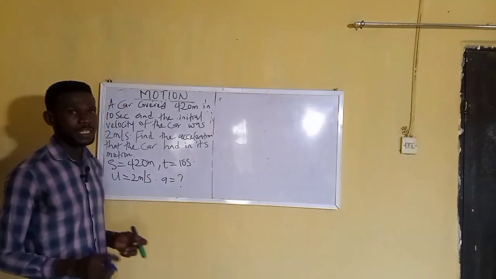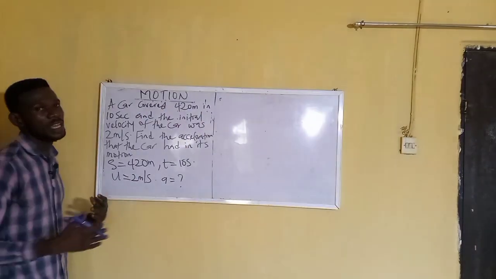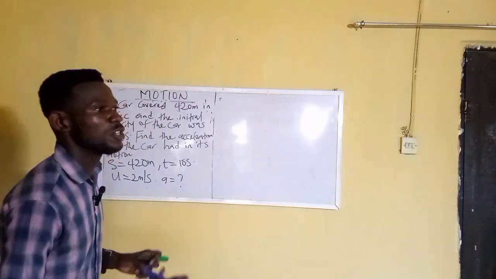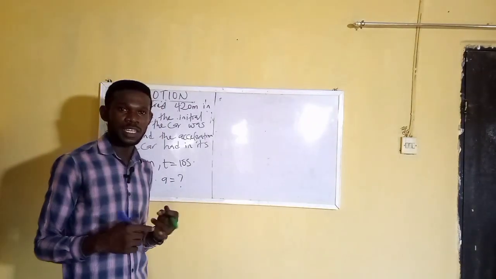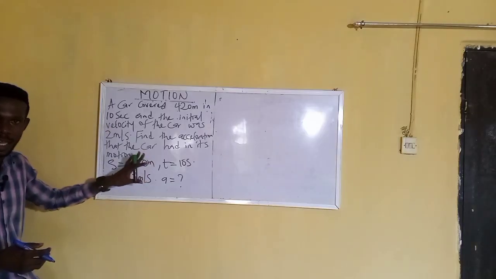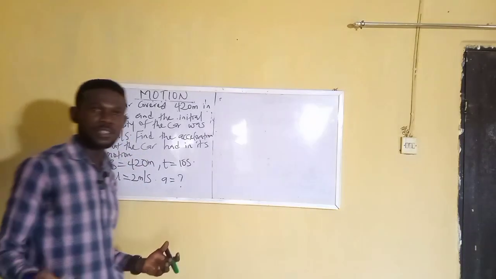As I said, for you to carry out your calculation successfully, you have to look for the equation that fits the parameters here and also has the missing parameter, so you can make it the subject of formula.